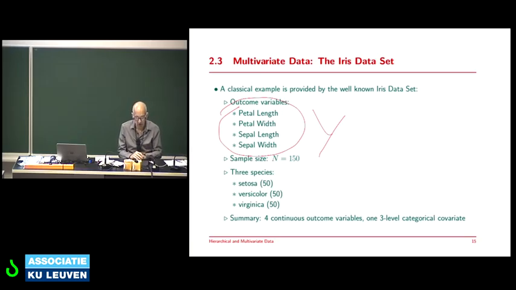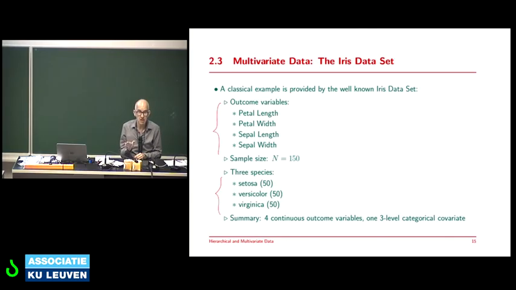4, no. But you may say, well, I see a list with 4 Ys, Y1, Y2, Y3, Y4, correct. And then I see a list with 3 stars, so it must be 3. Not necessarily, because there is actually 1 nominal variable. The X variable has 3 levels: setosa, versicolor, virginica.